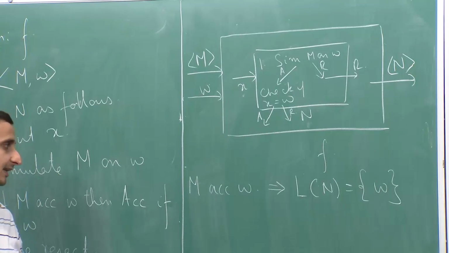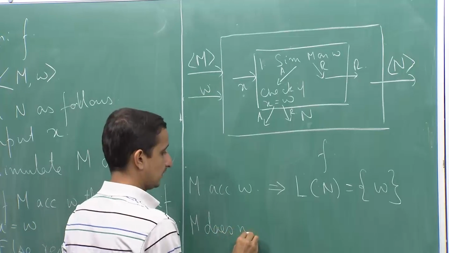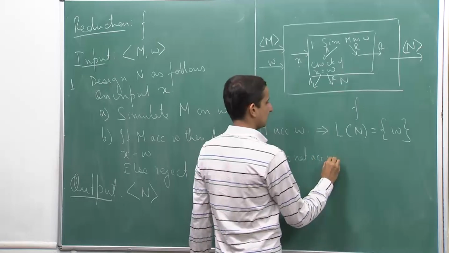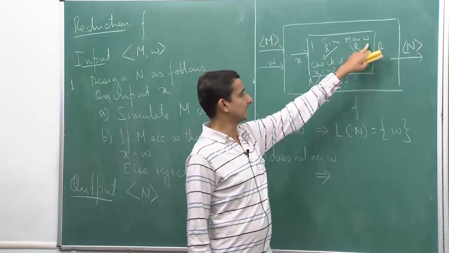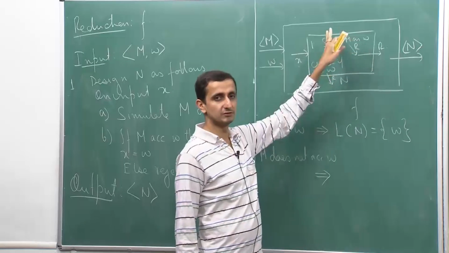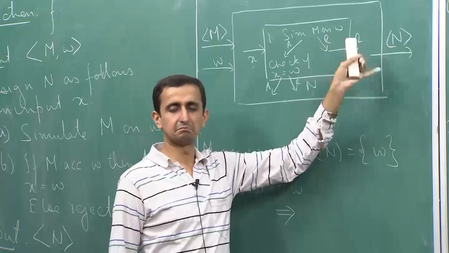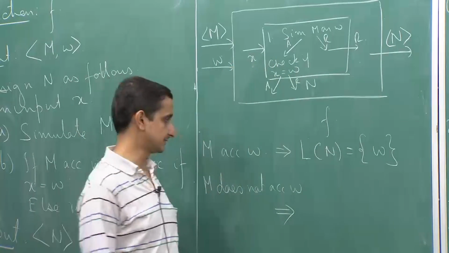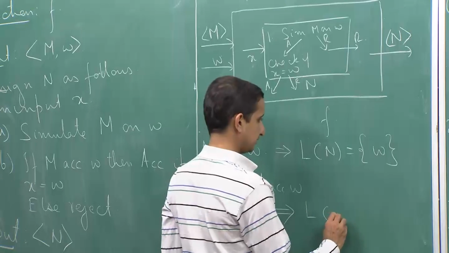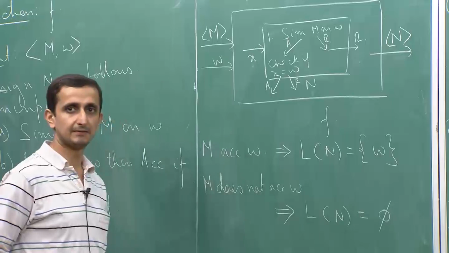On the other hand, if M does not accept w, if M is rejecting or going into an infinite loop, N will directly reject or go into an infinite loop. In other words, it will not accept that x, so the language of N will be the empty set.